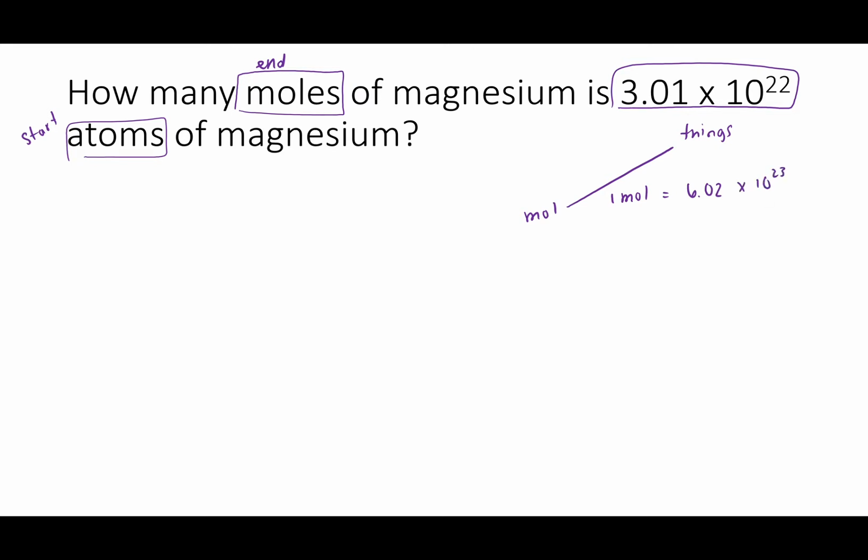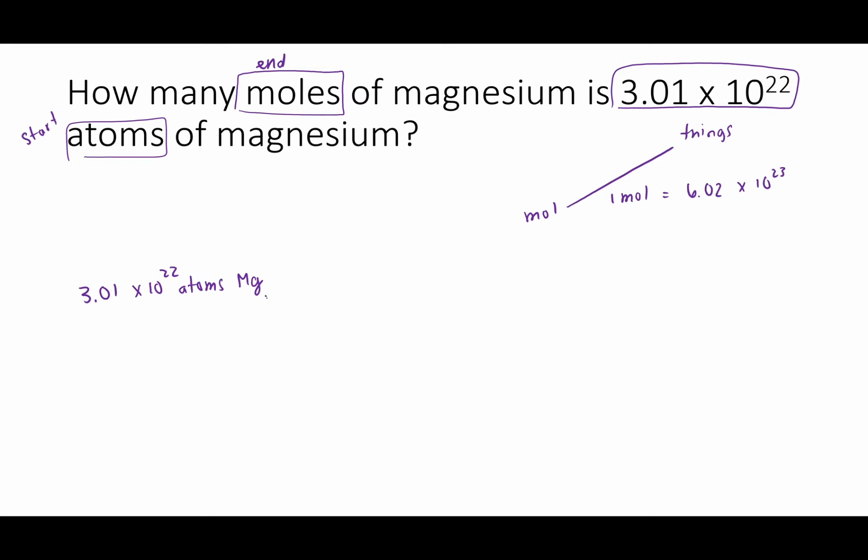Okay? So I'm going to start with what I was given to start with, which is 3.01 times 10 to the 22 atoms. And I'm going to go ahead and label that I have magnesium. 3.01 times 10 to the 22 atoms of magnesium.